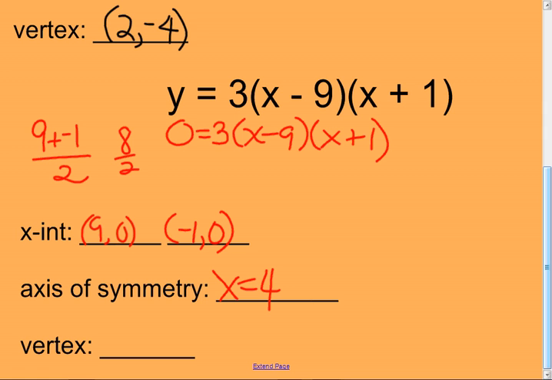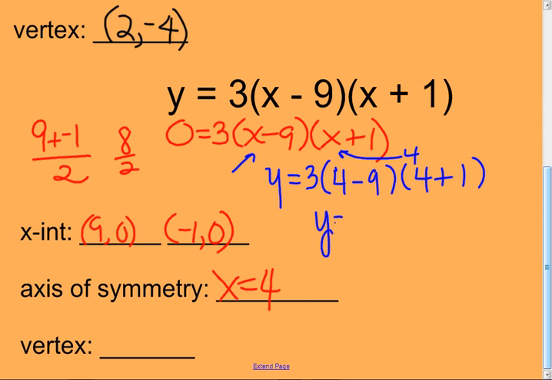And guess what we're going to do? We're going to put the 4 right back into our factored form. So y is equal to 3, because that's still there. I'm going to put the 4 right in here and right in there. And guess what I'm going to get? I'm going to get 4 minus 9 and 4 plus 1.